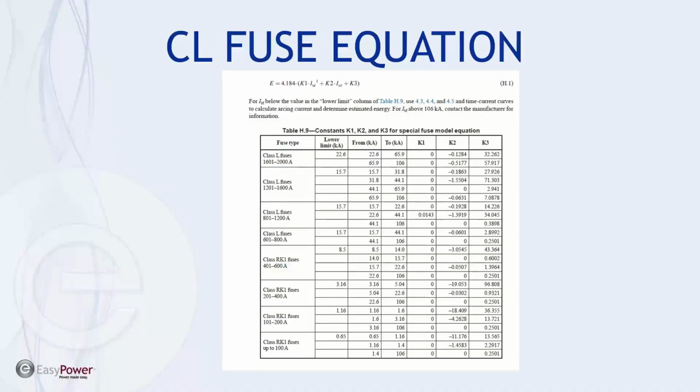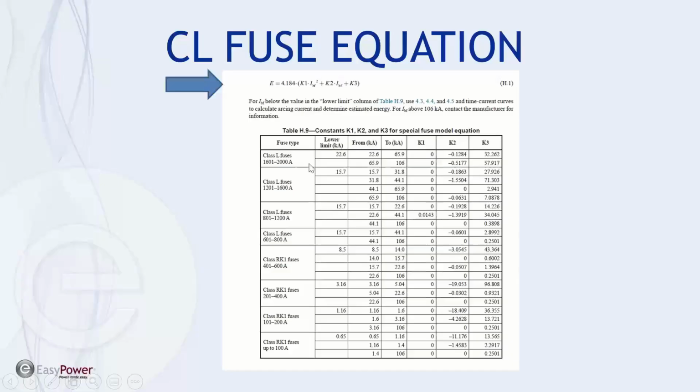And so this is the equation itself. And as you can see, although it may be tiny, small font, it's based upon correction factors and the voltage and fault current. And these correction factors are derived from the range of fault current from this chart below.